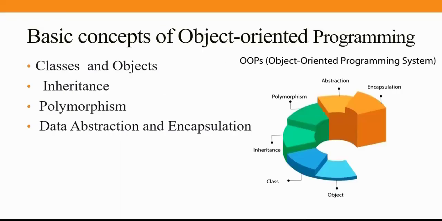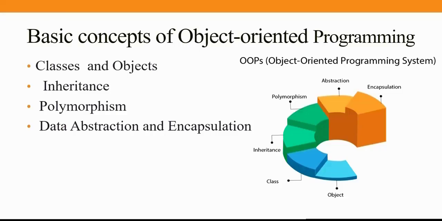Now we have come to the place where we learn about the basic concepts of object oriented programming. Actually, object oriented programming has some specific features. First one, I would say, classes and objects. As I said, in object oriented programming, we create programs with the help of classes and objects.